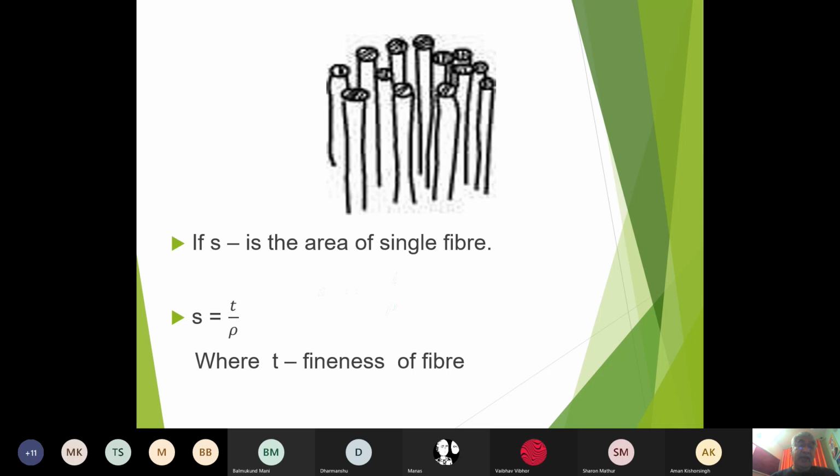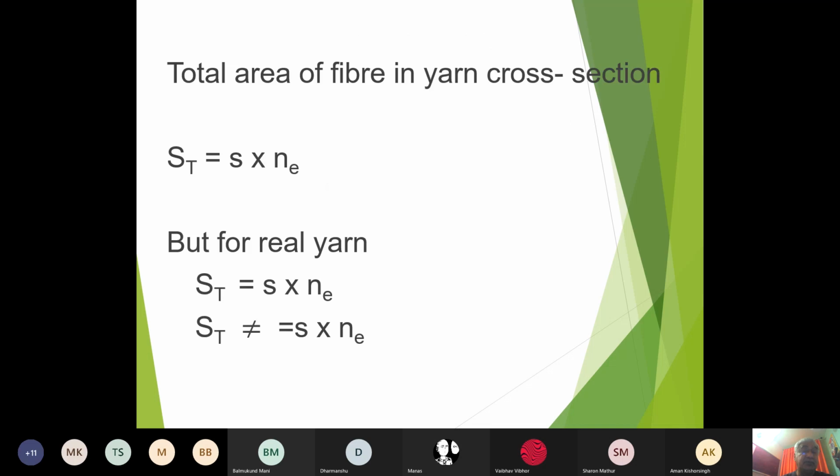If S is the area of a single fiber, which is straight and parallel, then we can say S is equal to small t over rho, where small t is the fineness of the fiber. So now I know the area of an individual fiber, once the fibers are straight and parallel to the yarn axis.